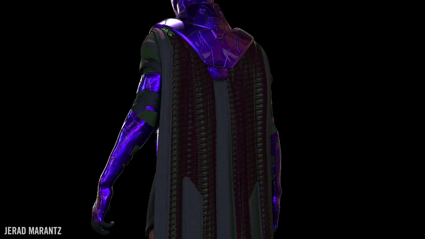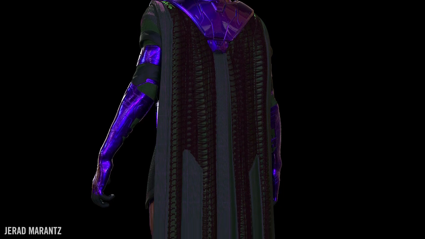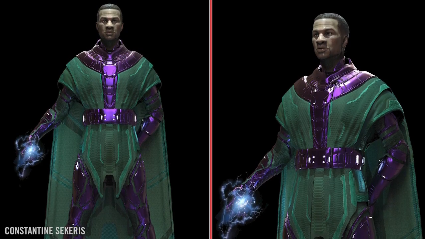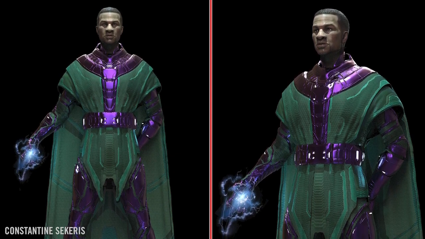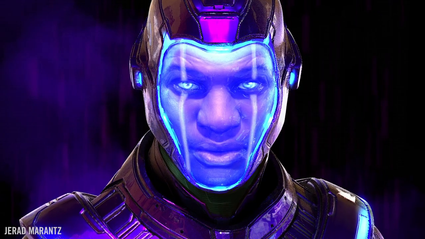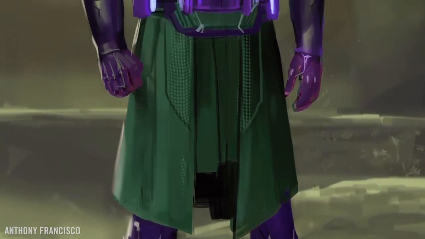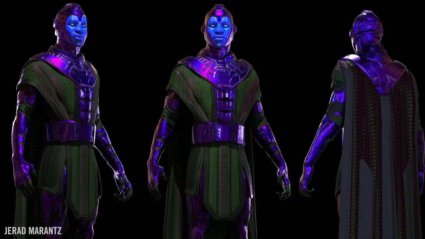Even the way we designed the cape is a little different than just a normal cape, as it's segmented. So bringing the technology along with the more grounded robe type of feel. He's got this motif on his face, these lines that are very iconic.